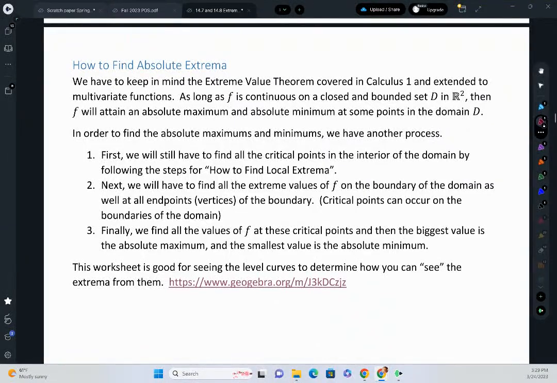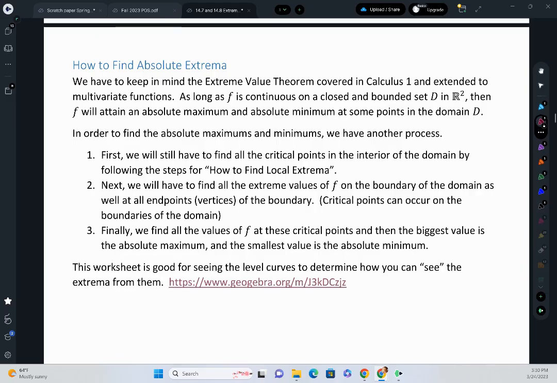Hello, we're going to cover how to find absolute extrema. This is the second half of section 14.7. We have to keep in mind the extreme value theorem that was covered in Calculus 1, because it does extend to multivariate functions.